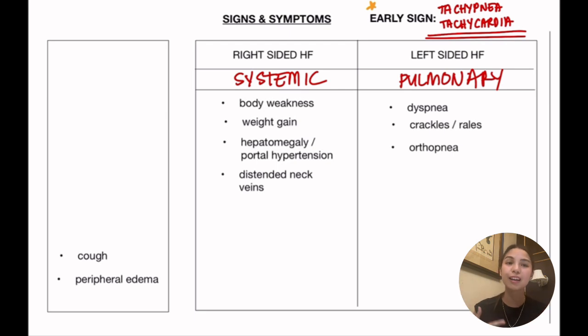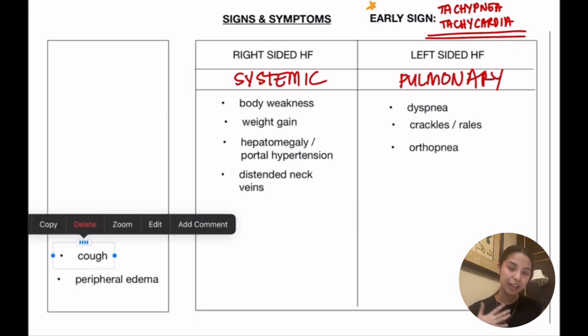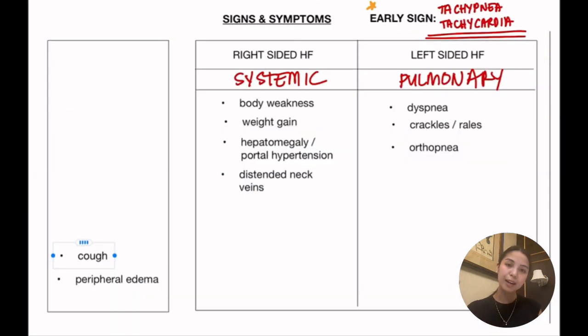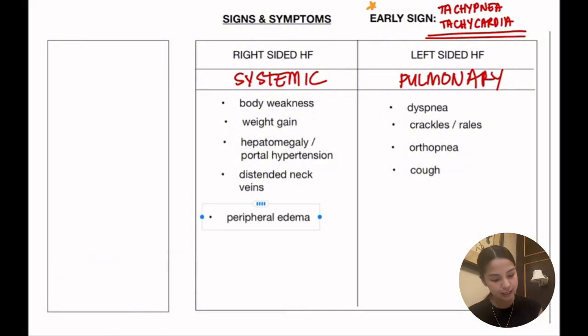Superior vena cava, it backflows so your neck veins get distended. Cough. Pulmonary or systemic? When you have cough, there's phlegm, etc. That is pulmonary. Peripheral edema. So simple. It's in the name. Peripheral. It's not pulmonary. It is systemic.